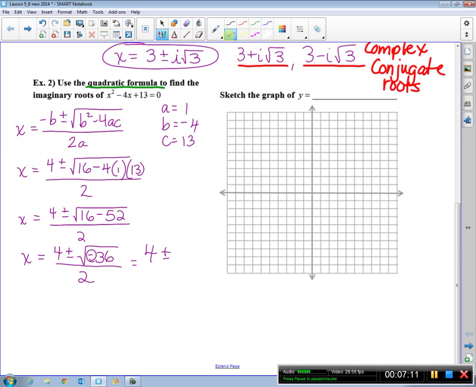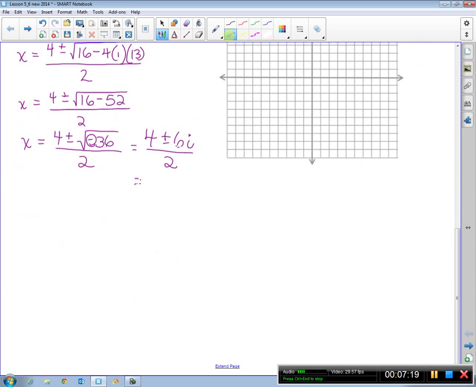We'd bring an i out, and the square root of 36 is 6. Nice. So in this problem, we can simplify because 2 goes into 4 and into 6. 2 plus and minus 3i. So our roots split up are 2 plus 3i and 2 minus 3i.